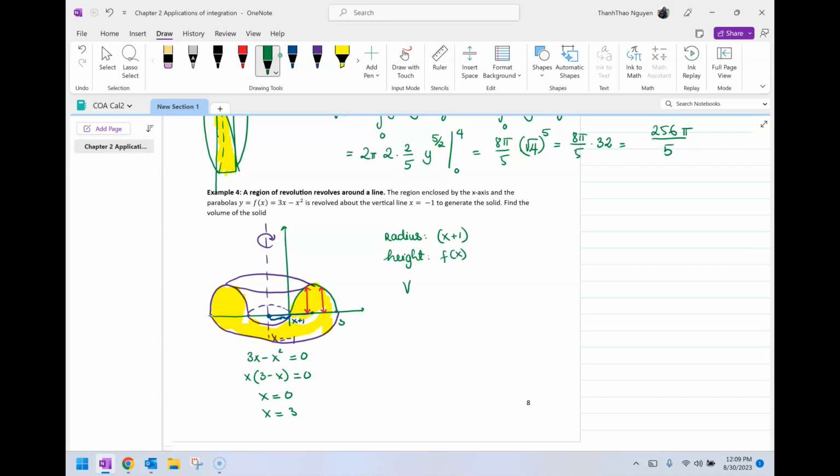So then the volume is equal to 2 pi, and the integral from 0 to 3. The radius is x plus 1. The height is f of x, that is 3x minus x squared dx. Evaluate this integral. First, we expand this out and combine like terms.